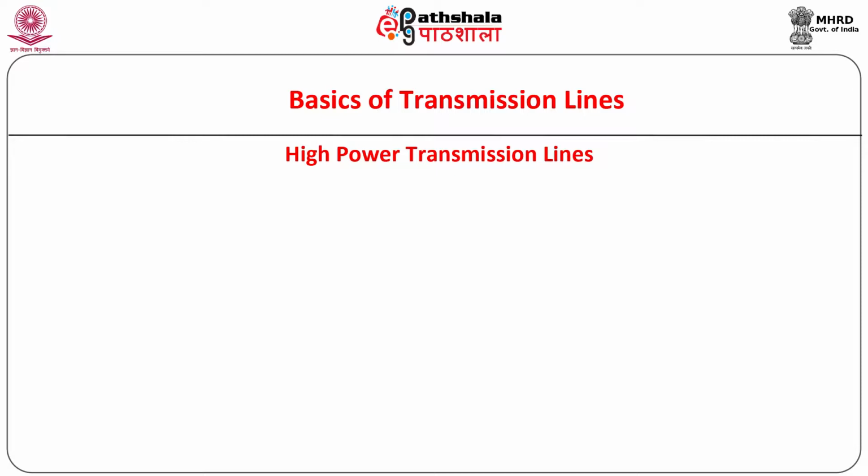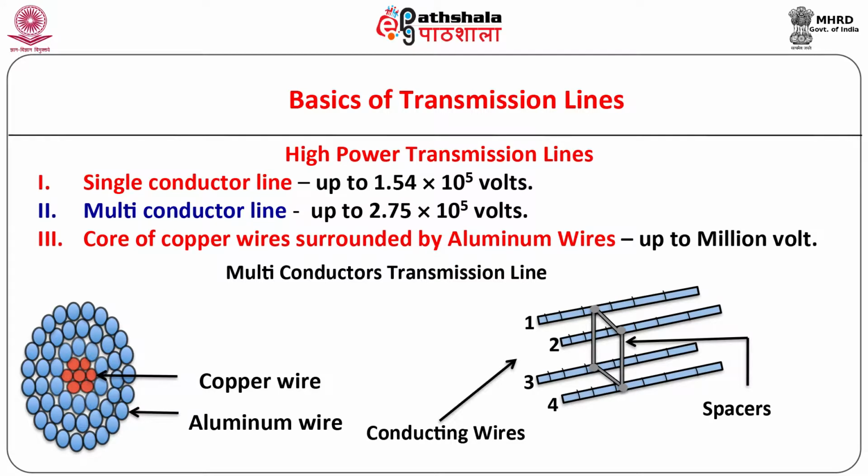However, we can have power transmission lines having a single conductor up to 2 lakh volts, as well as multi-conductor transmission lines of more than 2 lakh volts made up of aluminum.